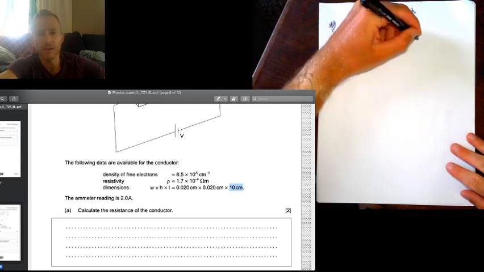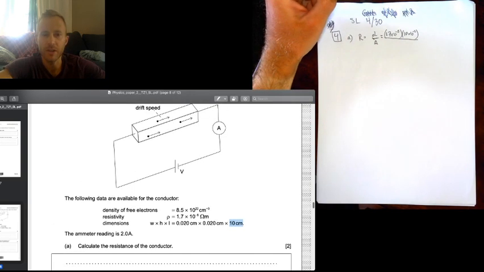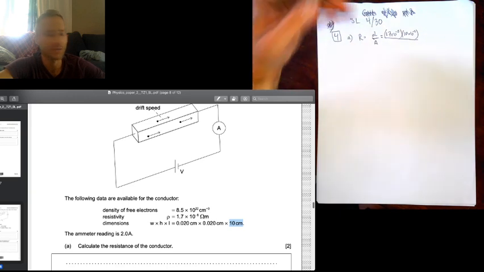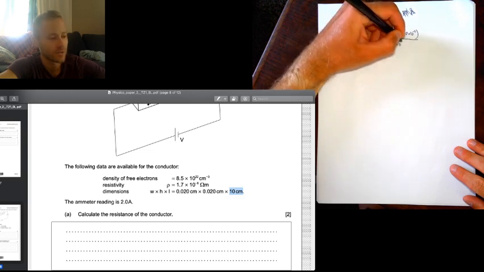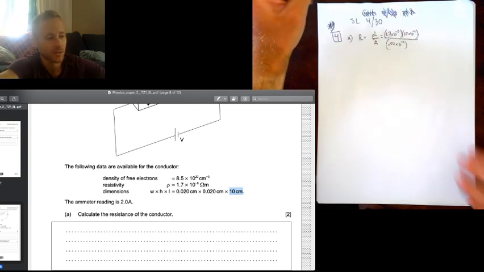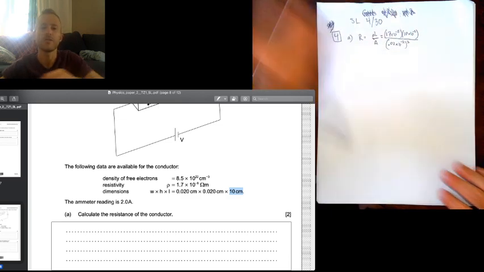And then the area, it's clearly a square cross-section. So it's 0.02 times 10 to the minus 2, because it's in centimeters, squared. And so we work that out.